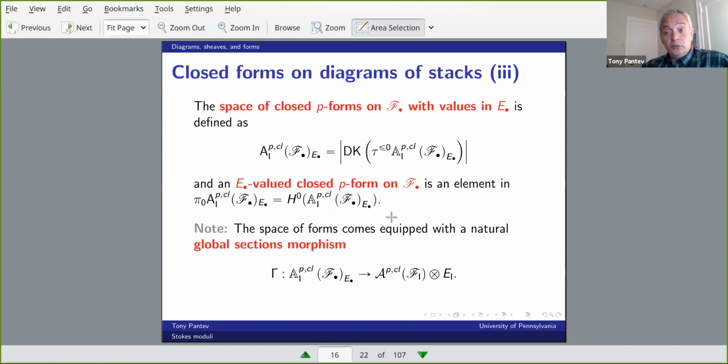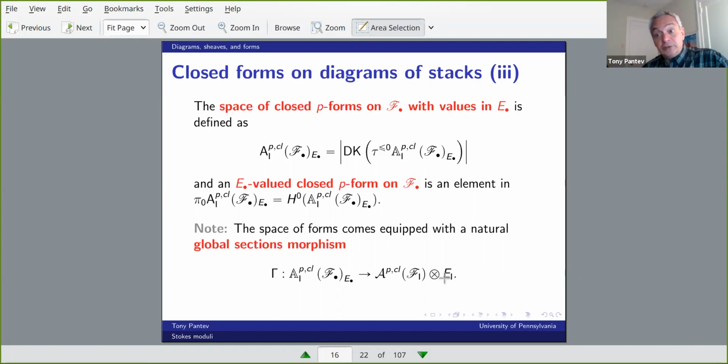And a good thing to remember is that for these diagrams of stacks, for the corresponding diagram complex of forms, you have a global section map, which gives you an element in the closed p-forms on the limiting stack from the diagram, with coefficients in the limiting vector space for the diagram again.